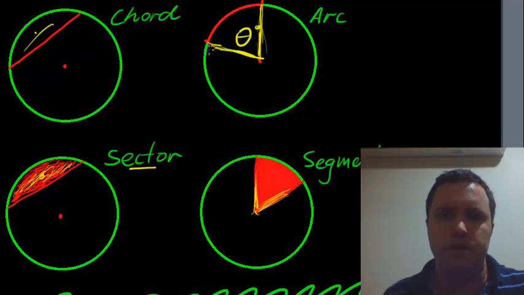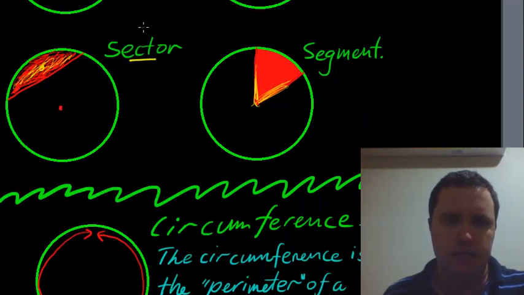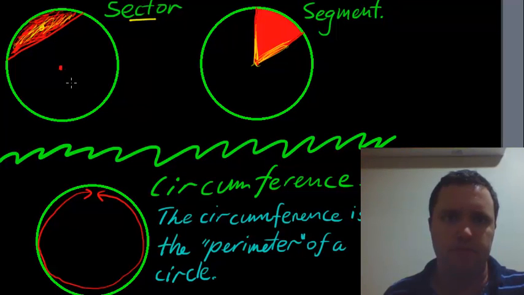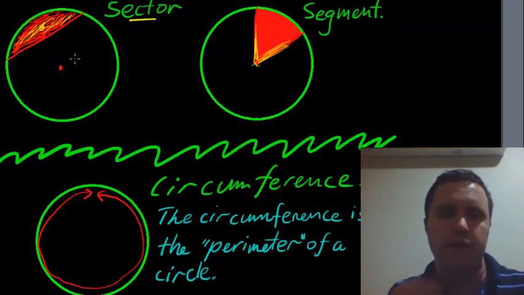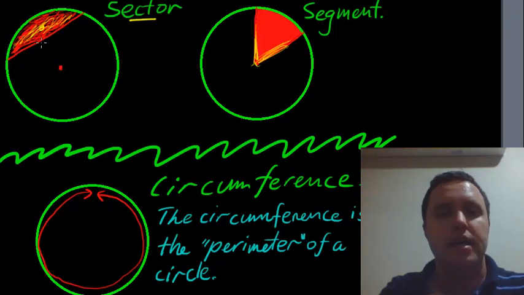Again, not as important, but arc you really need to get familiar with. Chord, don't worry too much about. Sector is here, and it's probably not one you'll have to worry about too much, but there it is, and it's an area one. Segment is an area again, and I think you'll see a bit more of it than the sector.